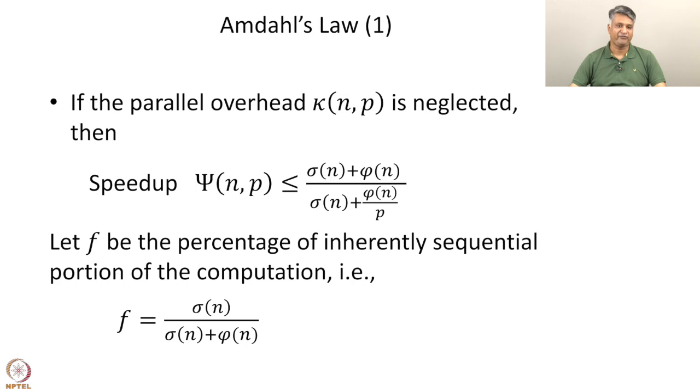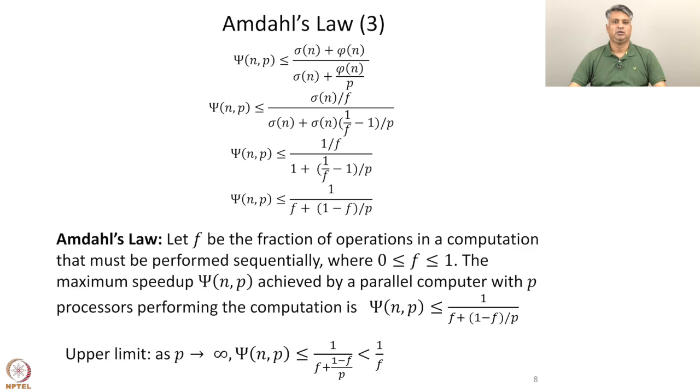Now, if f is the fraction of the inherently sequential portion of the computation, that is, if you have 100% of the computation, there is a small percentage which you cannot parallelize and the rest can be parallelized, this is denoted as sigma(n) divided by [sigma(n) plus psi(n)]. The speedup will have an upper bound of [sigma(n) plus psi(n)] divided by [sigma(n) plus psi(n)/p].